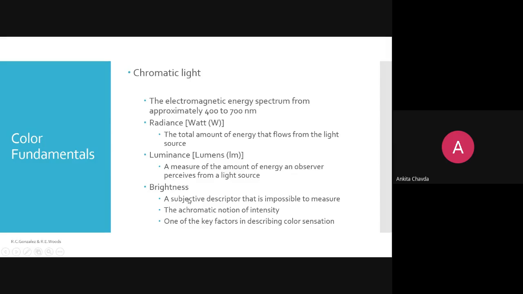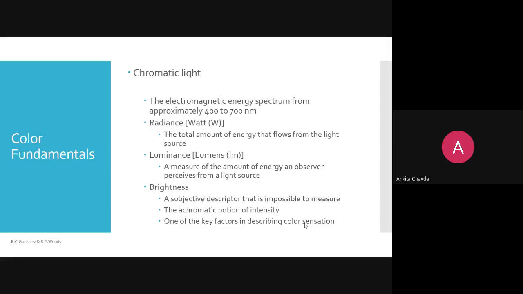And what is brightness? Brightness is a subjective descriptor that is impossible to measure, as we know. It is the achromatic notion of intensity, one of the key factors in describing color sensation. Suppose I say you wear very bright clothes today, so it would be a bright color, not a dull color. This is the subjective thing.